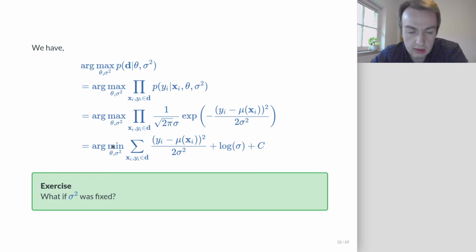And so you can transform this optimization problem into minimizing, over the parameters theta and sigma squared, the sum of the negative log likelihoods. It's nice because the product transforms into a sum, these factors transform into terms, and the exponential disappears when you take the log, and you are left with minus the squared distance over this factor. And since we want to minimize minus the log, the minuses cancel, and we are left with this expression for the loss function.